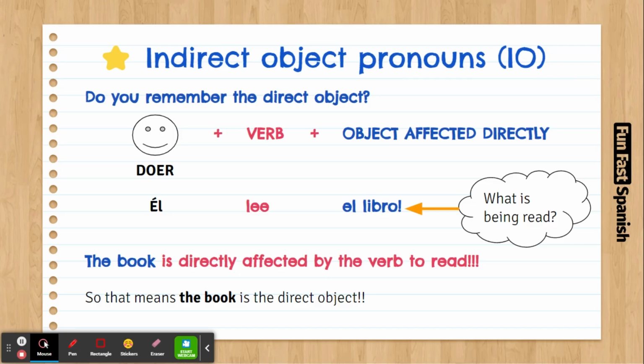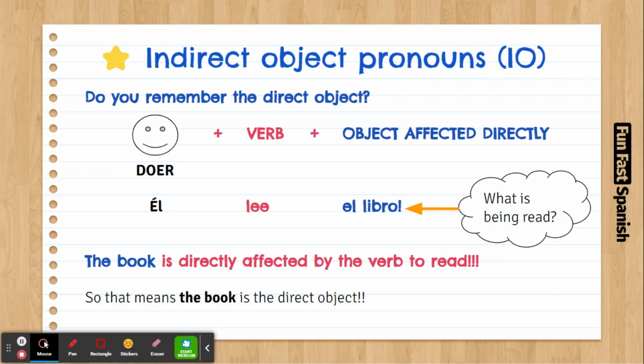So the person is receiving or is being given or is being told something, right? There is always something and to somebody or for somebody. And when we talk about this somebody, the one favored, this is the indirect object pronoun.